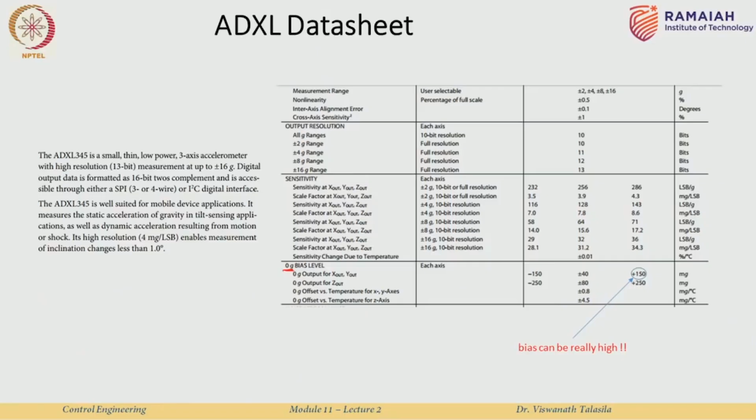So, this is an accelerometer data sheet from Analog Devices, and there is quite some interesting information which they provide in the data sheet. You can see that the bias value is fairly high, it is about 150 milli-g, 150 mg. 1 g would basically be 9.8 meter per second square.